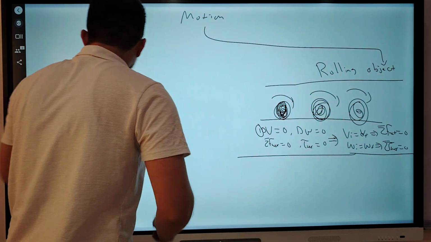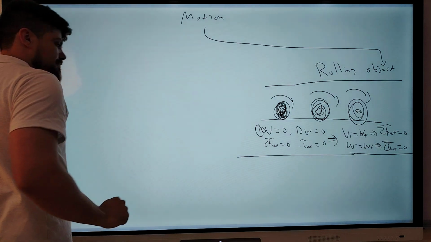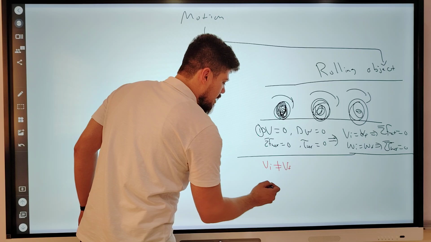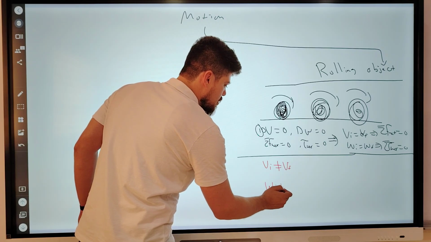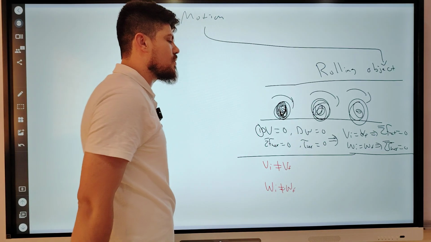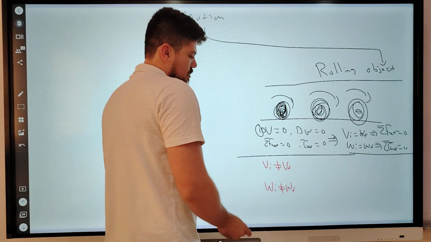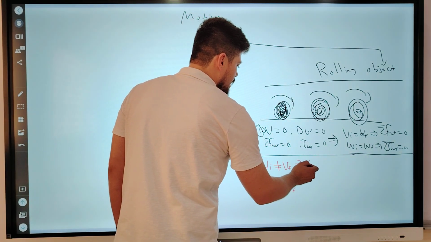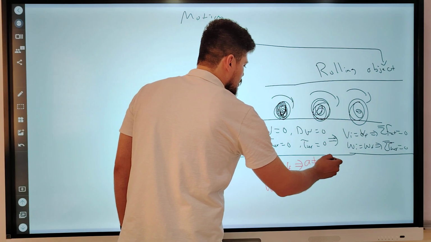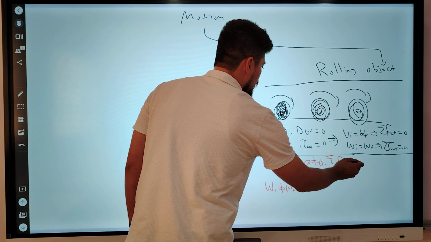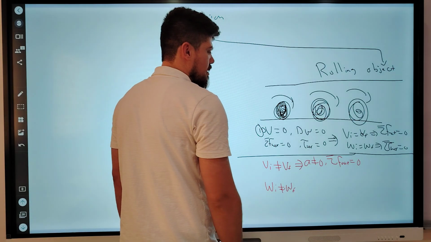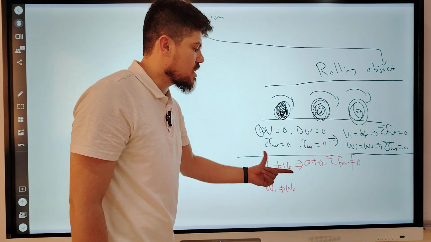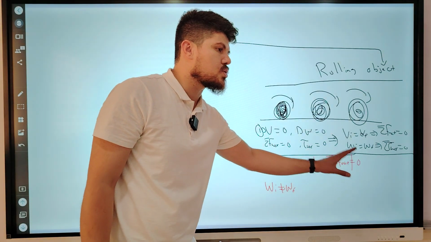Okay? But if the velocity changes, if V initial is not equal to V final, omega initial also is not equal to omega final, for the bicycle, the bowling ball, or any other motion. In that case, acceleration is not equal to 0, and net force is not going to be 0. So the object has no translational equilibrium in the case of speeding up or slowing down.